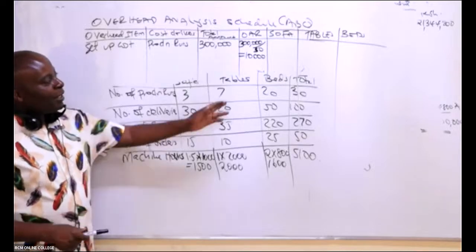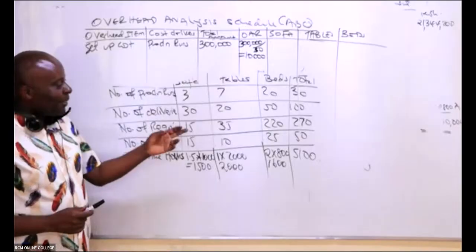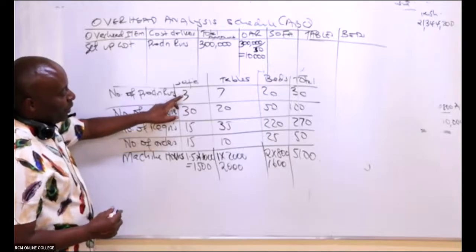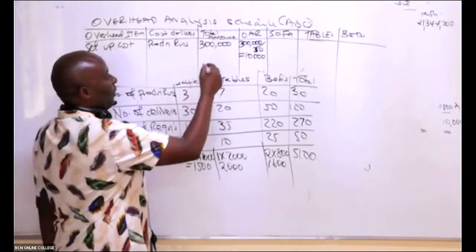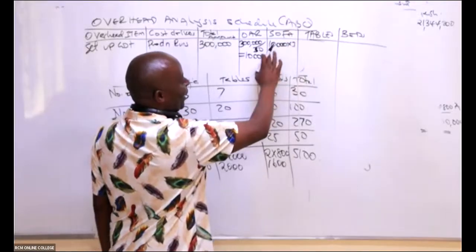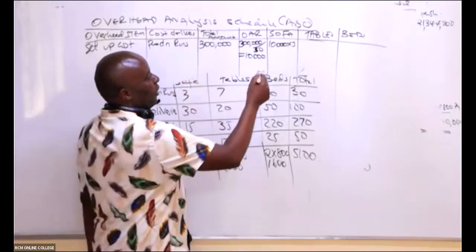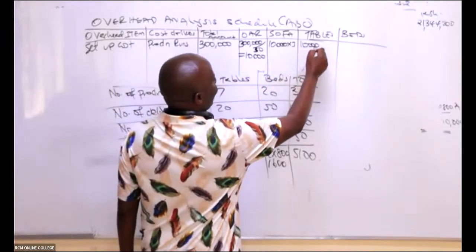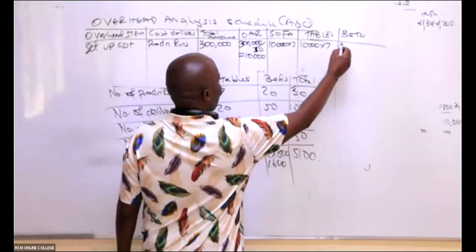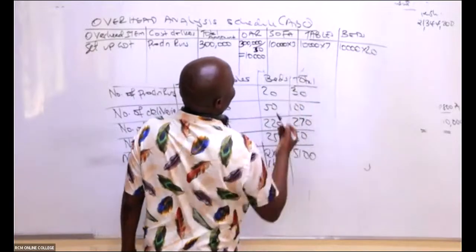So then how do I spread this amount to the sofas, tables, and beds? We have the production runs for sofa sets, isn't it? So then this will be 10,000 times 3. You don't have to do these workings in your exam. If you just understand, you post the answers direct. So this will be 10,000 times number of runs, 7. This will be 10,000 times 20.